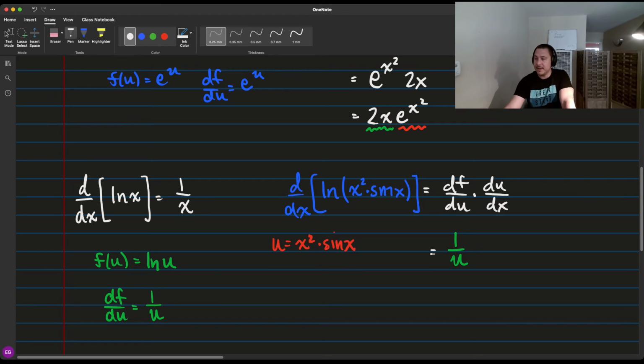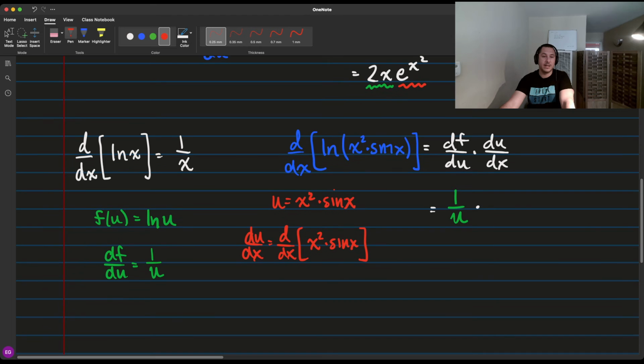Now you have to multiply that by du dx. So I need the derivative of u with respect to x. Which means I'm taking the derivative with respect to x of x squared sine x. Which derivative rule am I going to have to use to calculate that? Yeah, the product rule.